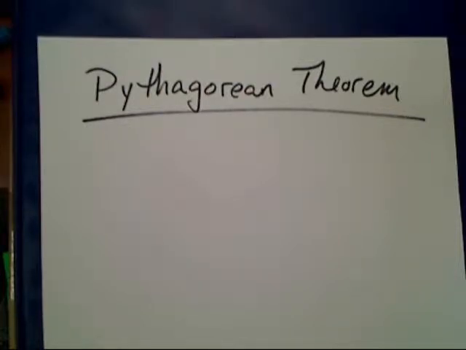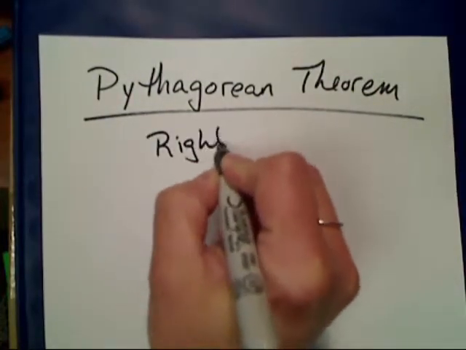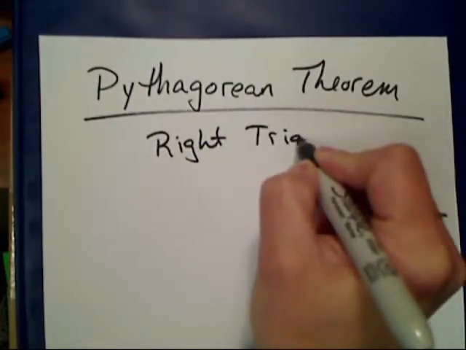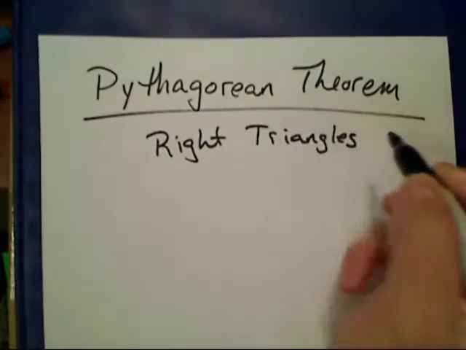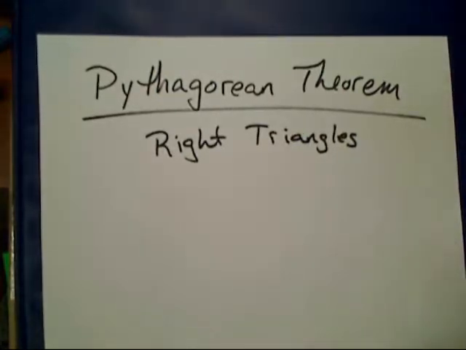The Pythagorean theorem is used only for right triangles. And it shows the relationship among the three sides of a right triangle.